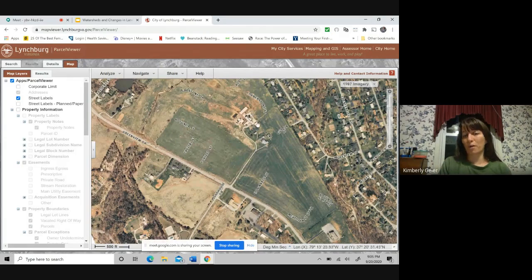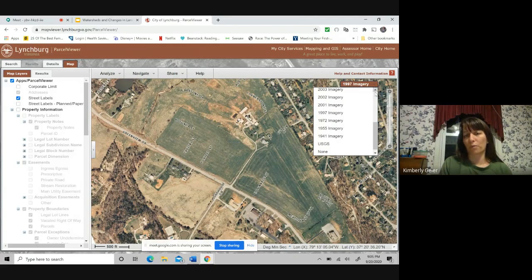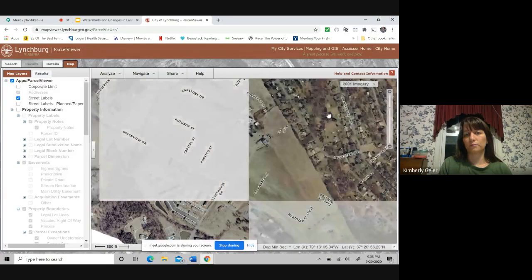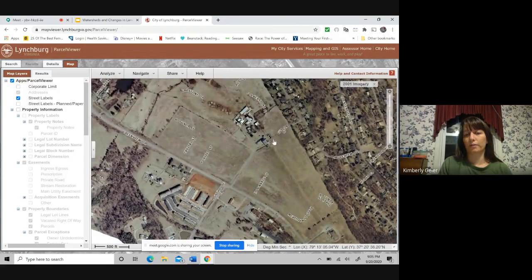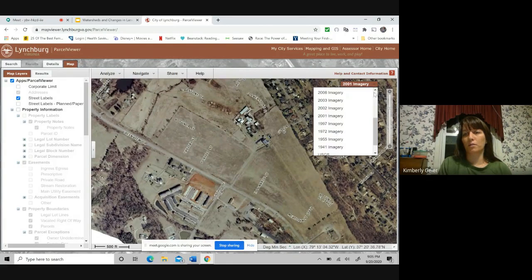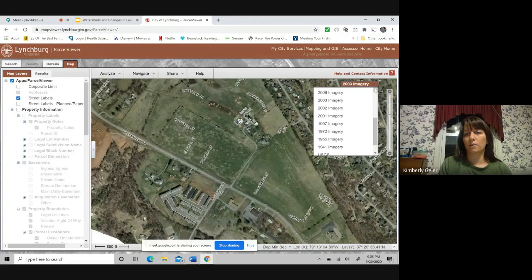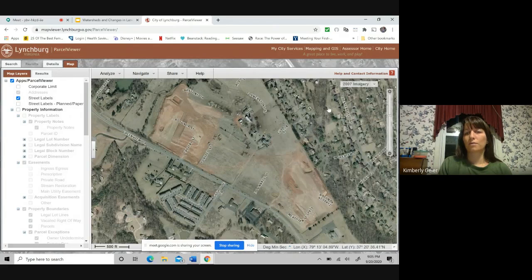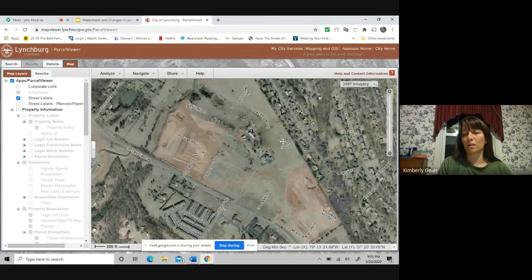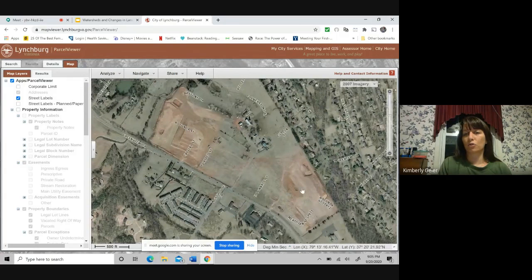1997, the farmhouse was still there from the farm that was. Still there. There is some development across the street, some apartments. Still the farmhouse, 2003. 2007, you can see construction beginning.